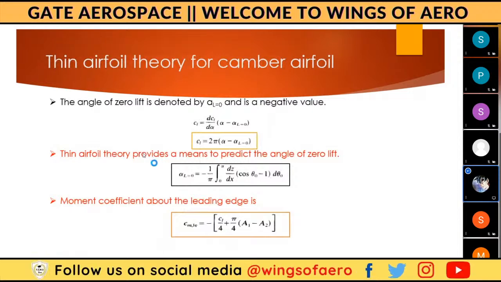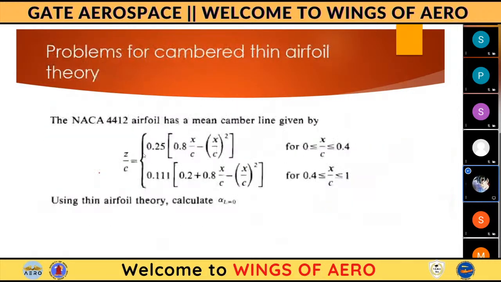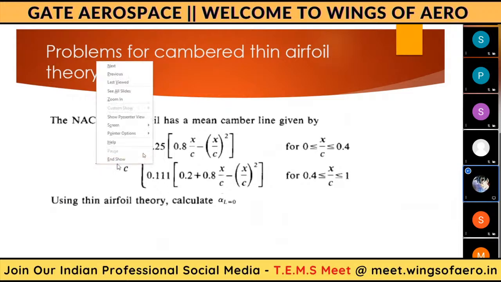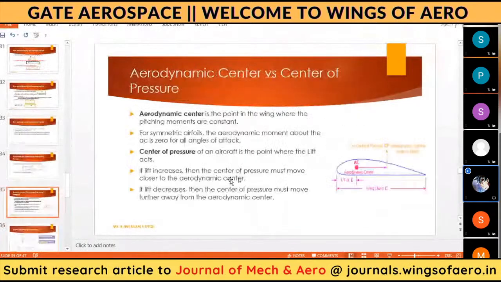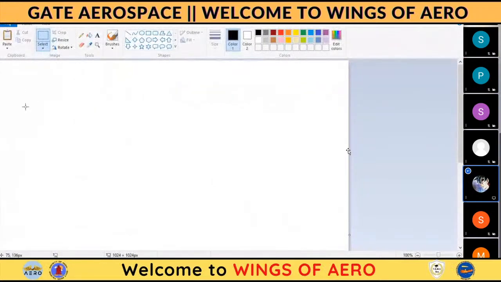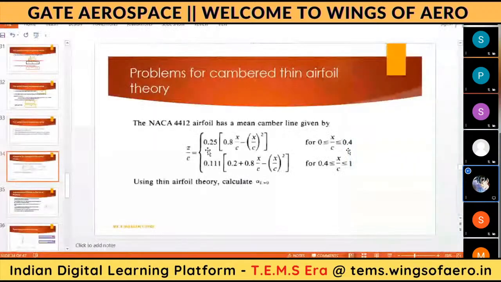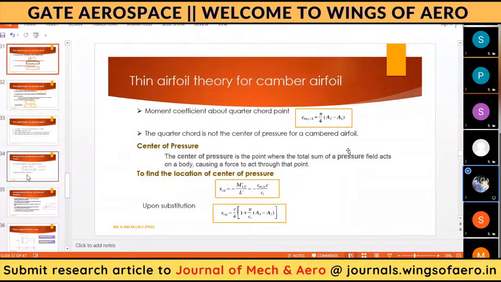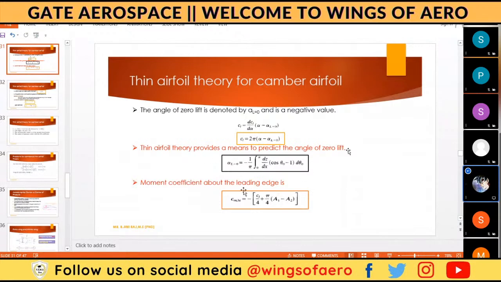Okay, I will solve this problem. So we have an equation like Z by C. But the zero lift angle of attack from thin aerofoil theory, the expression gives alpha L equal to 0.